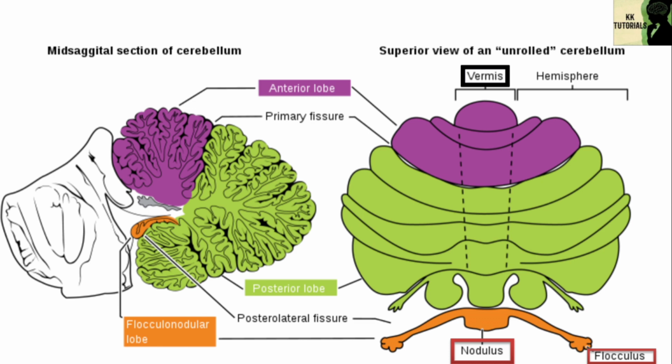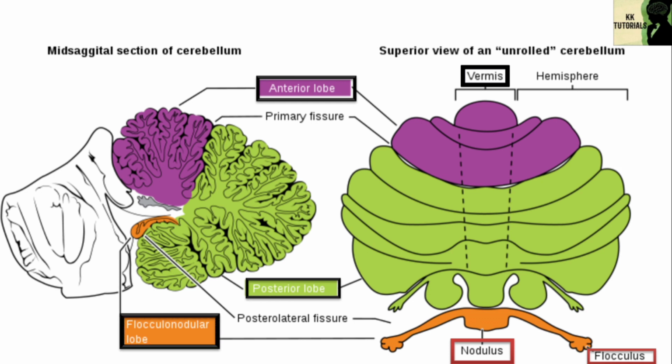There are three anatomical lobes that can be distinguished in the cerebellum: the anterior lobe, the posterior lobe, and the flocculonodular lobe. These lobes are divided by two fissures, the primary fissure and posterolateral fissure. Here you can see flocculus. It is involved in motor control.